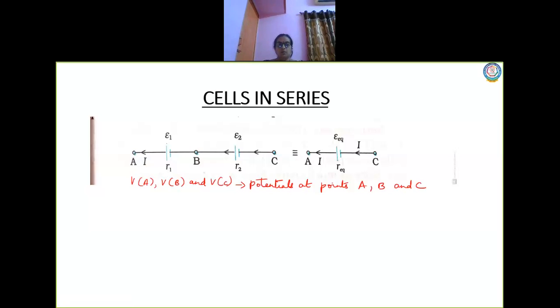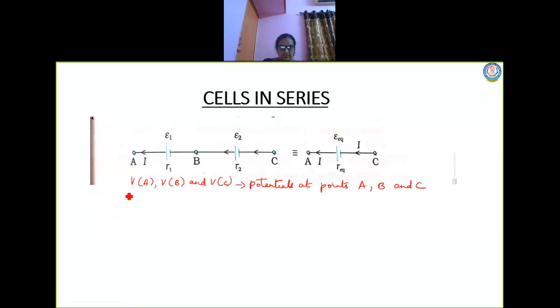So what is the potential difference between the positive and negative terminal of the first cell? This is the first cell, and there are 2 points on either side of the cell, A and B. What is the potential difference between these 2 points in the cell whose EMF is given as psi 1?